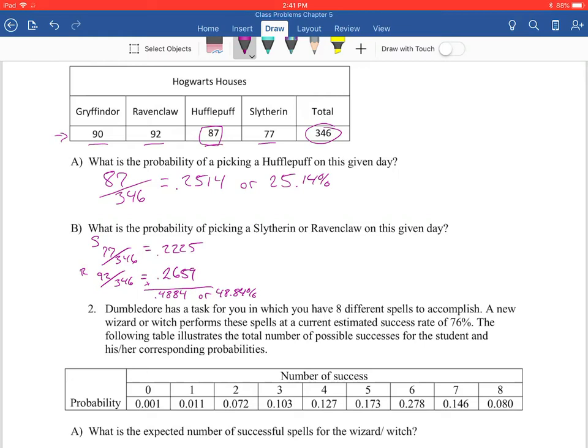The other way you can tackle it, of course, is you could just add up 77 plus 92, and you're going to get 169 over 346. But if you did it this way, you'd still get 0.4884. And those are the 2 ways you can tackle this type of problem.